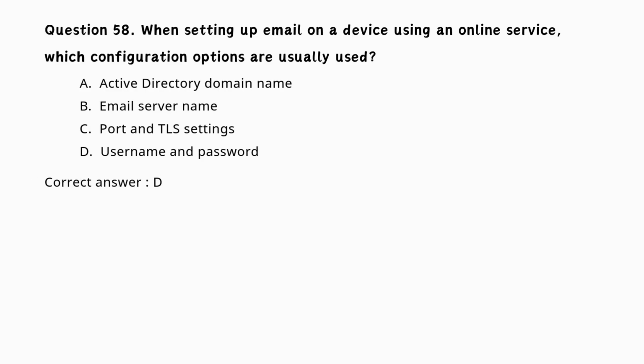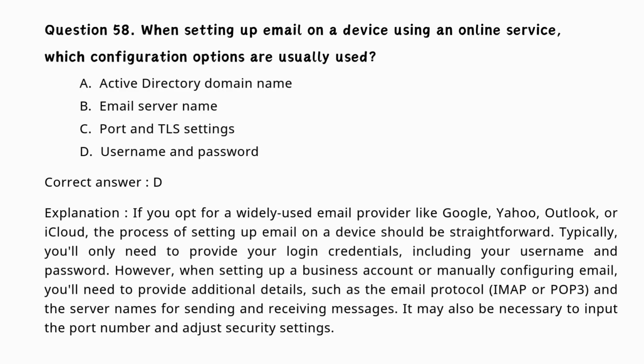Correct answer D. If you opt for a widely used email provider like Google, Yahoo, Outlook, or iCloud, the process of setting up email on a device should be straightforward. Typically, you'll only need to provide your login credentials, including your username and password.